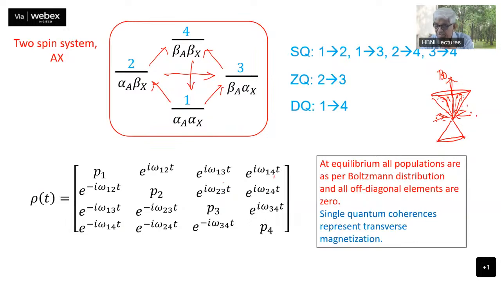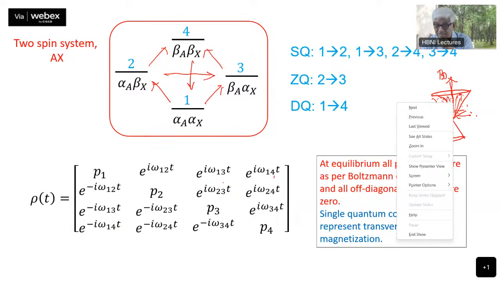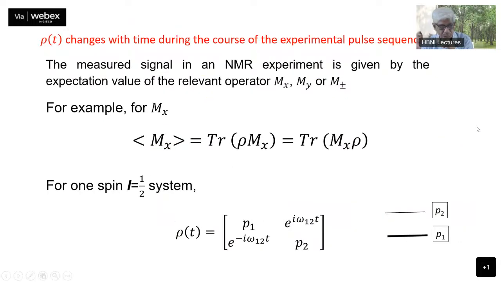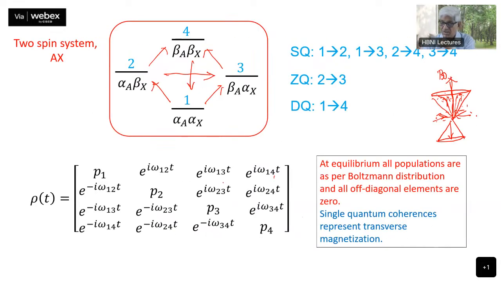The Z component, part of it will cancel by the Z components here, but some portion will remain. That is the population difference, which gives me the Z magnetization. But the transverse components represent the phase coherences between the spins.